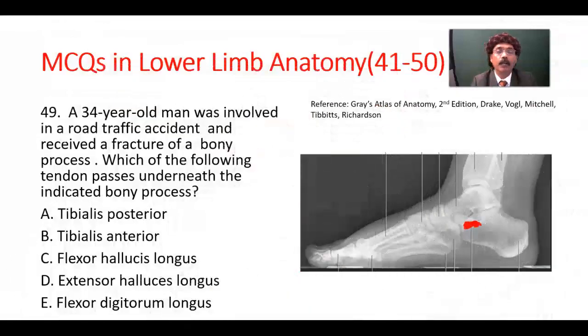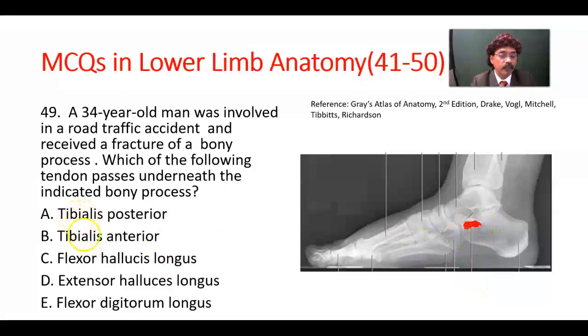Question number 49. A 34-year-old man was involved in a road traffic accident and received a fracture of a bony process. Which of the following tendon passes underneath the indicated bony process? Indicated means here. What passes underneath this bony process?